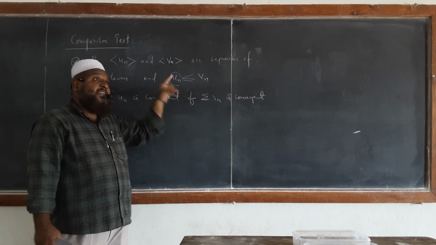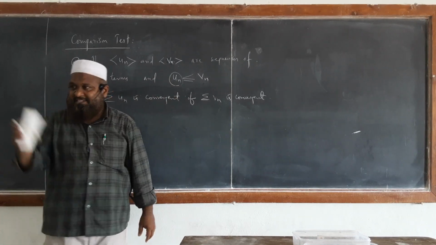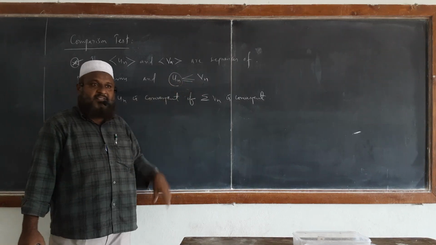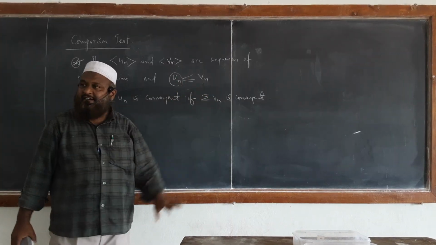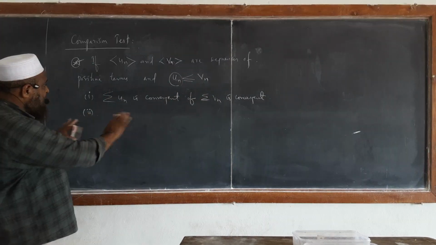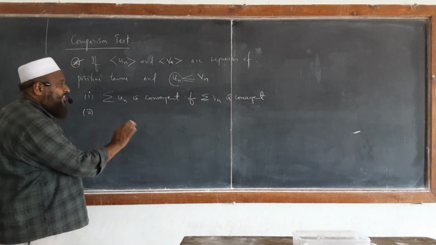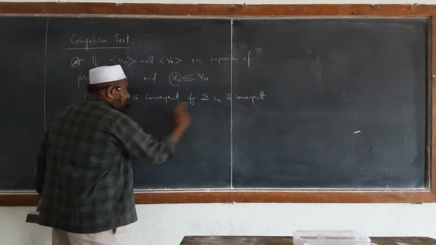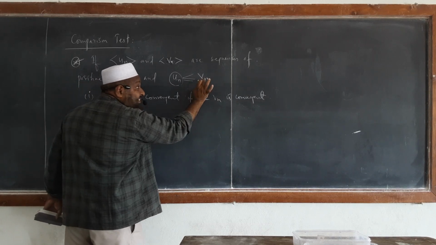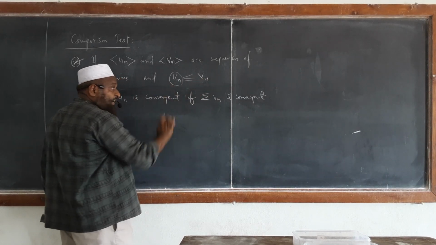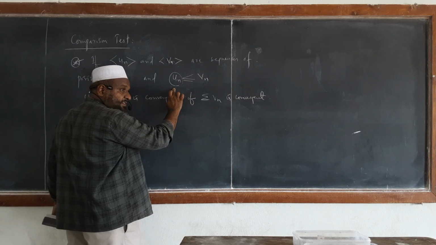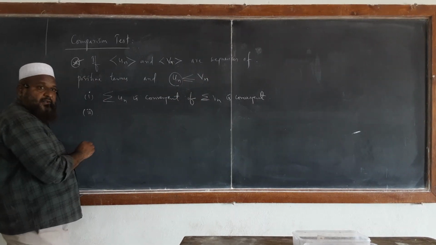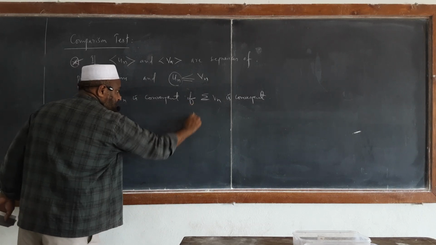If this smaller one itself is divergent, meaning the total is infinity, for example, then the bigger one will also be divergent. If the bigger one is convergent, the smaller one is convergent. If the smaller one is divergent, the bigger one is divergent. Only these two things we can tell.